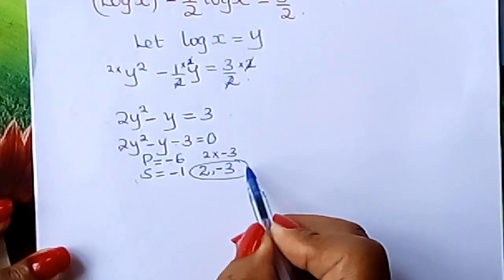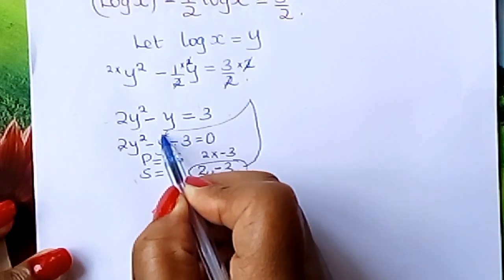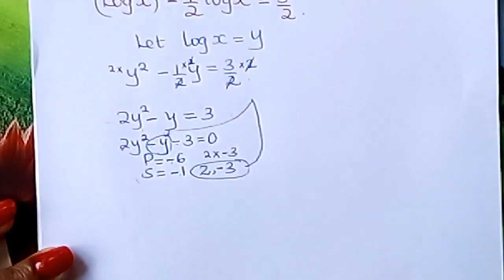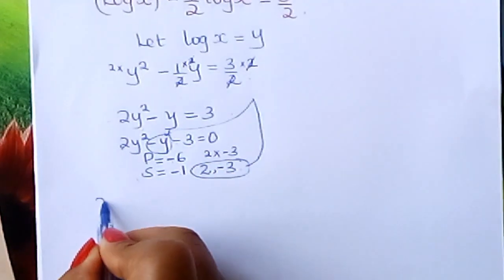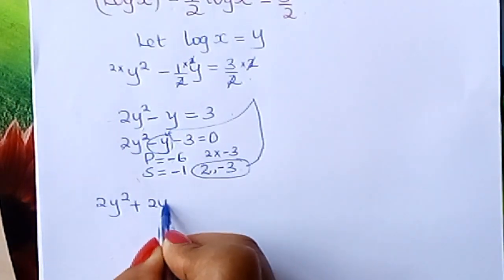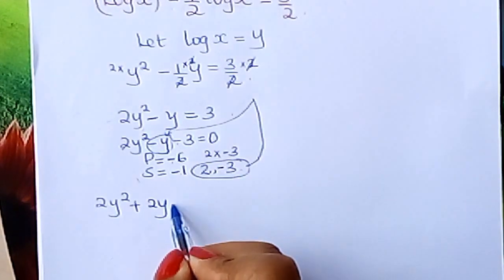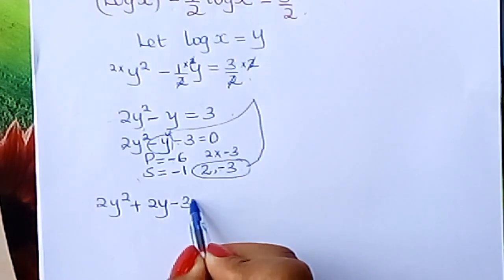So these are the numbers that you substitute there. You write 2y squared plus 2y minus 3y.